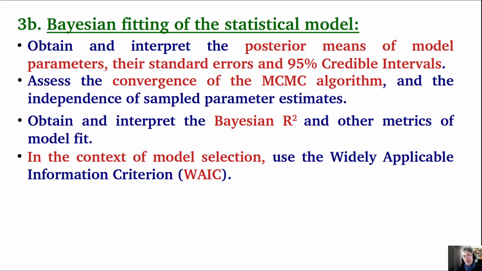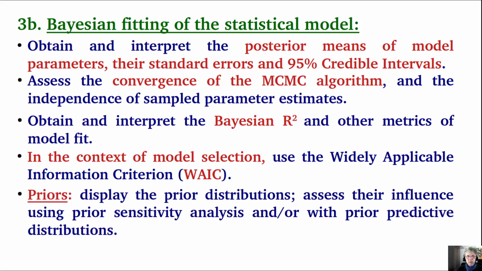Model selection in the case of the Bayesian framework remains very much, in my view, a work in progress. And in the case of the Bayesian fittings, we need to define the prior distributions of the parameters, always display them in plots, and we must always assess the influence of the priors on the results by doing a prior sensitivity analysis or use the prior predictive distributions.